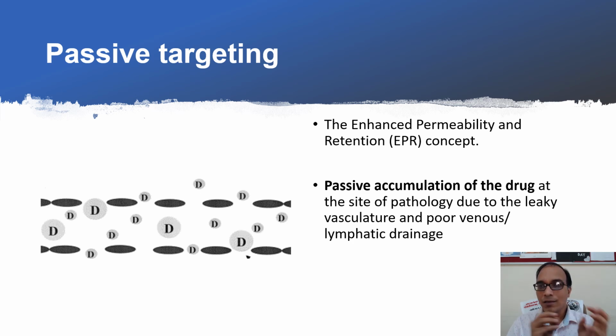So healthy tissues will remain unaffected. Only the tumors will get the drug from the targeted drug delivery. And we are not doing anything. It is a passive process, just availing that natural change in case of presence of tumors.